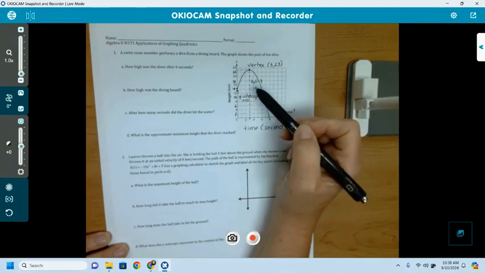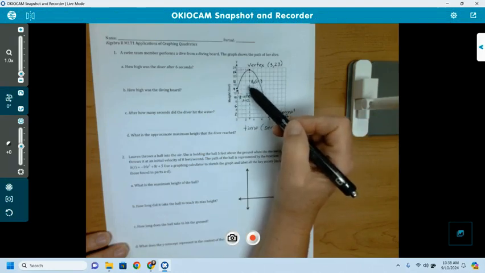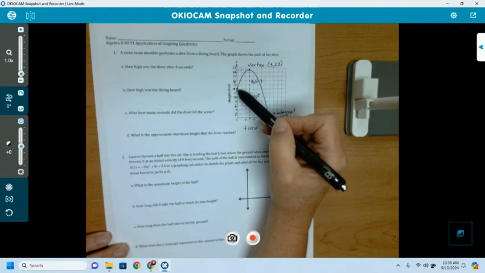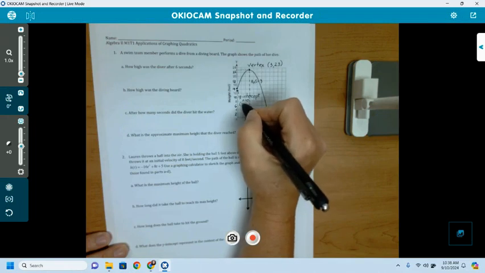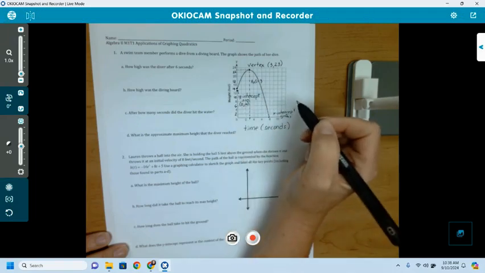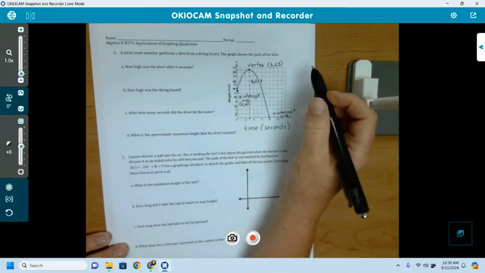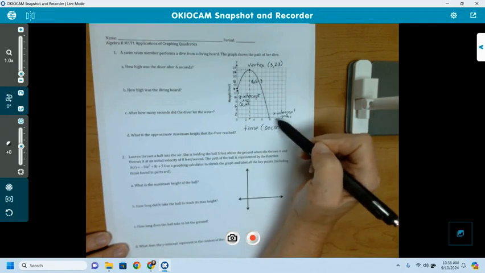Our y-intercept looks like it's at where y equals 14. So our y-intercept, x equals 0, and the y is 14. And our x-intercept down here, let's see, can I make that a little bit clearer?